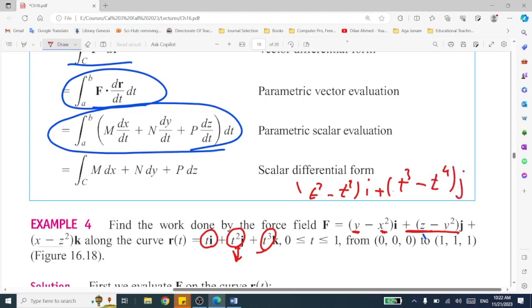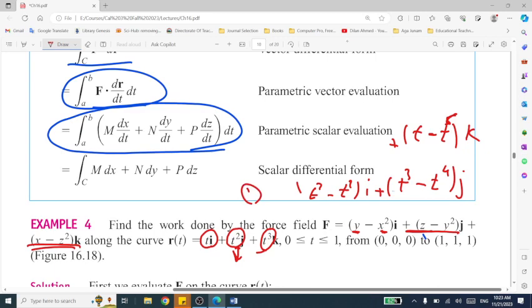Am I right? 6. I will do 6. You are right. t minus t to power 6. Clear? Step by step.